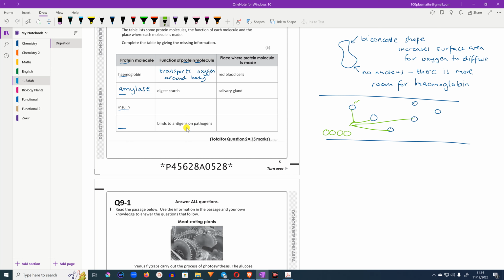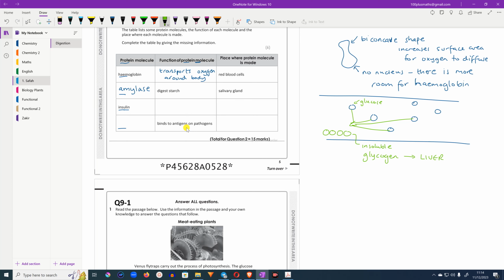So these are soluble. That's glucose. After you've eaten, it joins them together into an insoluble long molecule called glycogen, and it stores it in the liver. You've got to remember that.